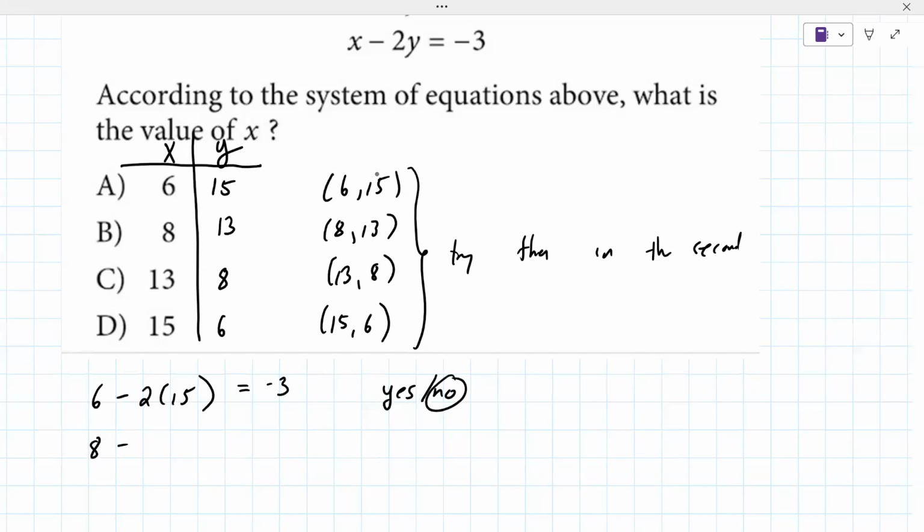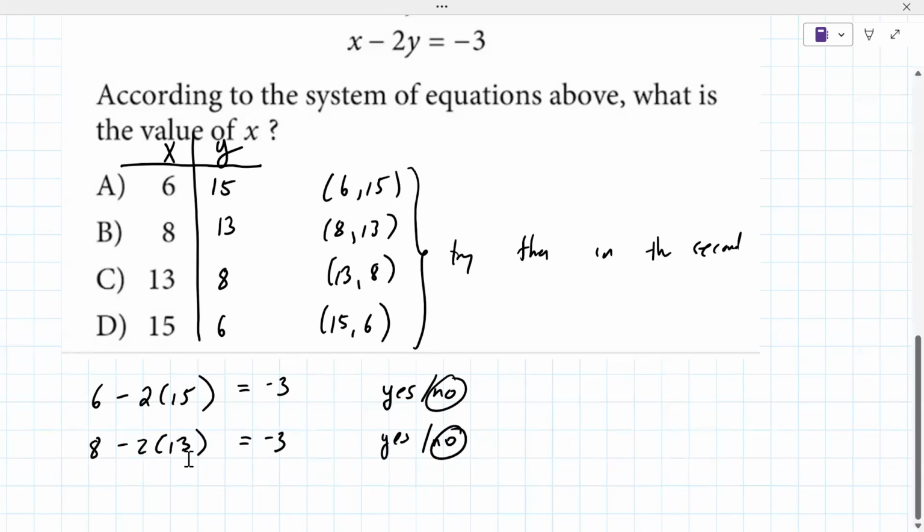Is 8 minus 2 times 13 equal to -3? Again, I'm just using these XY pairs in this equation. No. The result does not work. Okay.